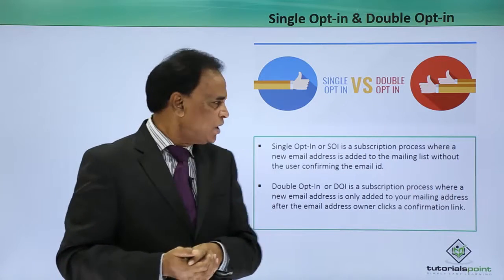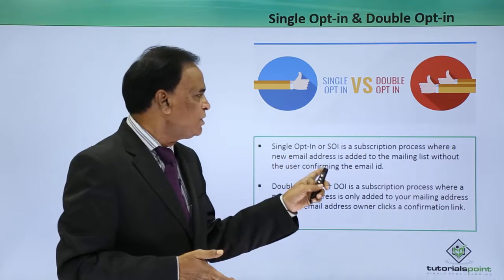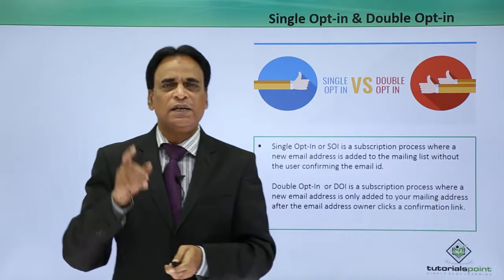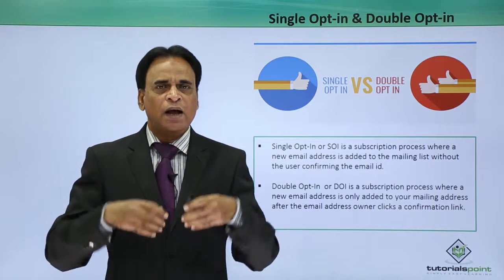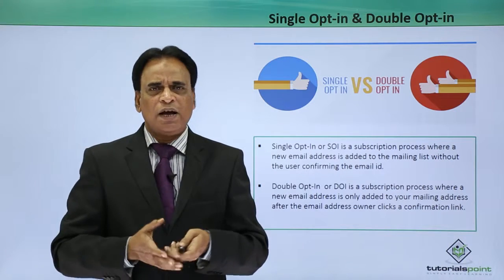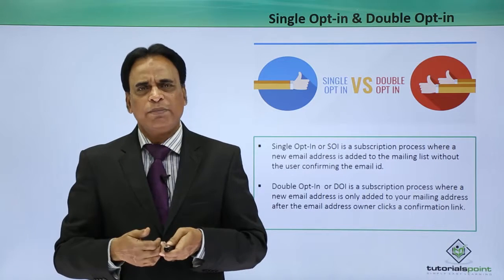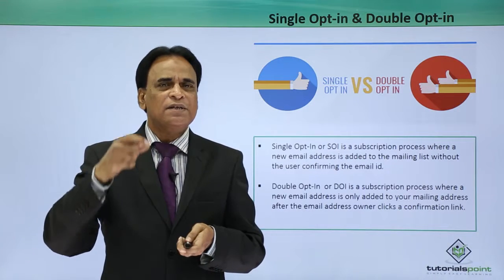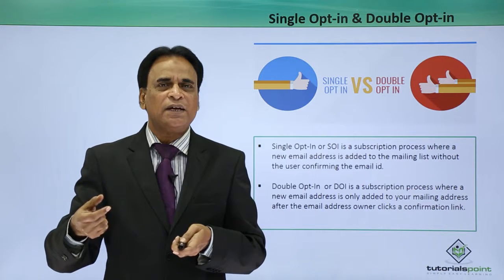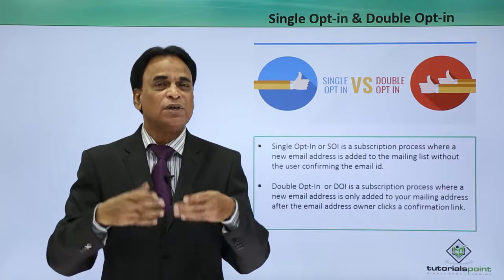Single opt-in and double opt-in. Single opt-in, or SOI, is a subscription process where a new email address is added to the mailing list without the user confirming the email. I go to a website or a landing page, I review it, and there is a form. It says, please register or subscribe to our blog or website so that we can send you high value content related to the subject you are looking for.